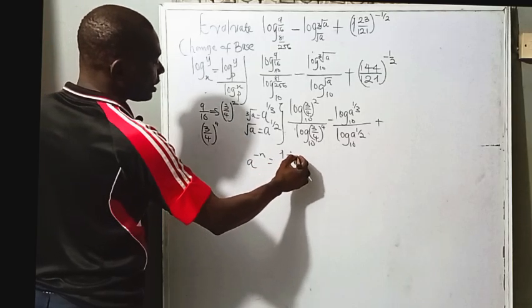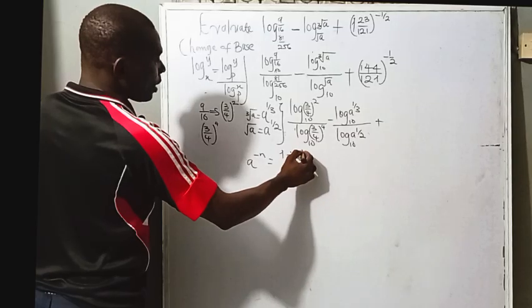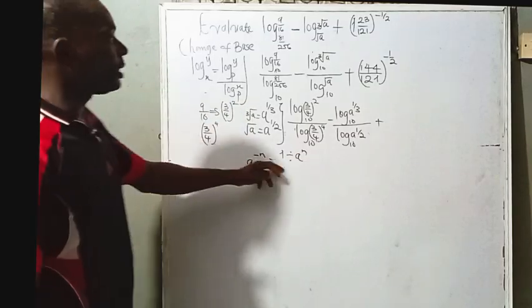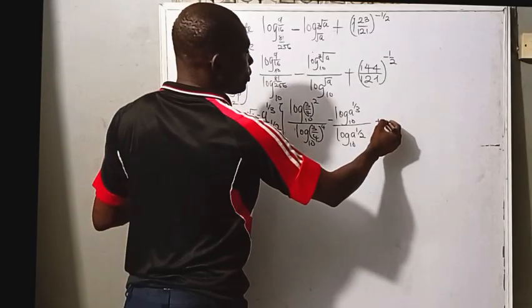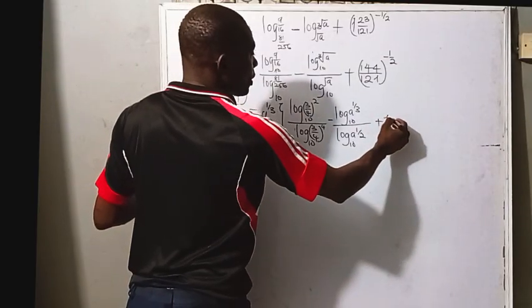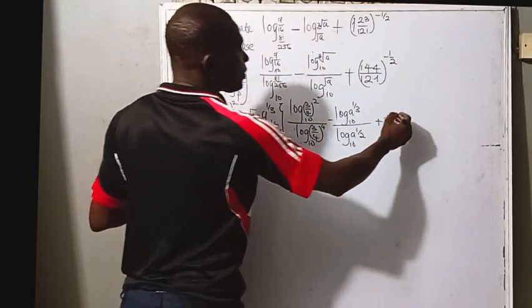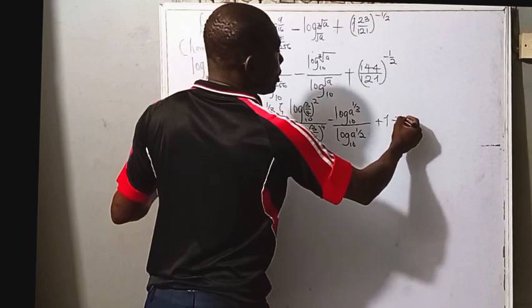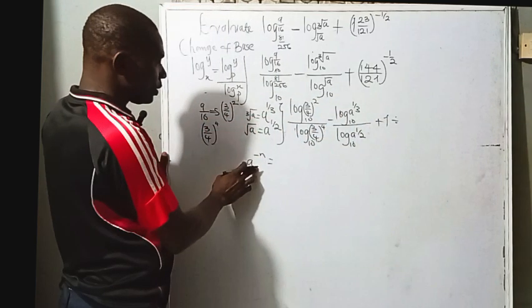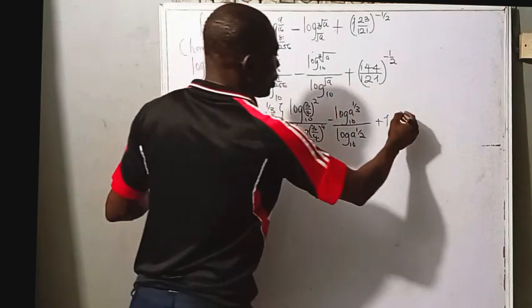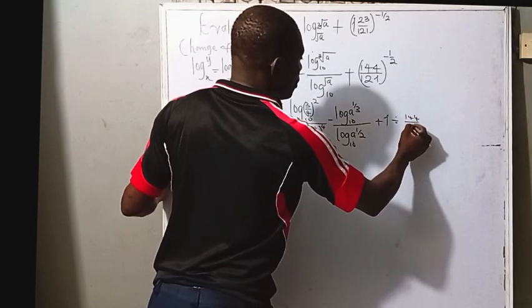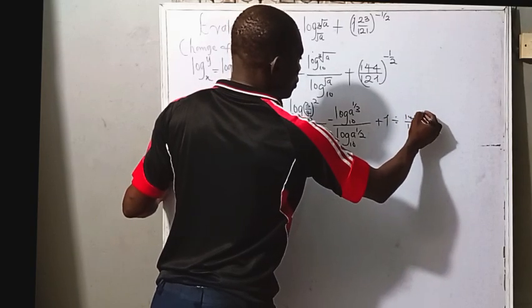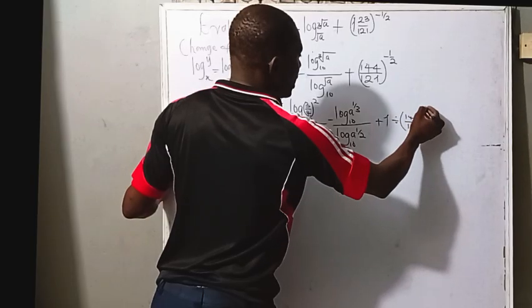Divide a raised power n. So we apply this to this part so that this becomes 1 divide, okay, in a situation like this now, it becomes 144 over 121, raised to the power of what?